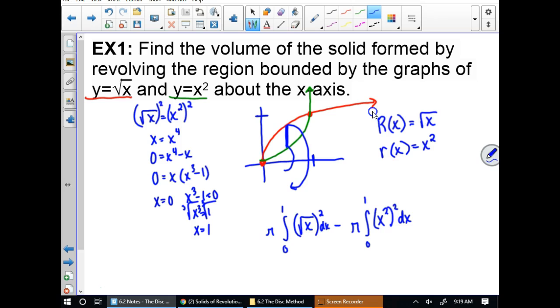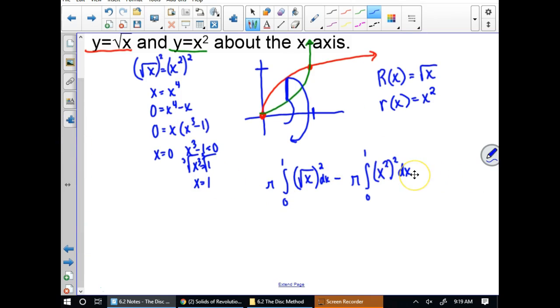Now, I could combine some of this, but only if I'm squaring my functions separately. These both have pi's, and they're both integrated from 0 to 1. So if I want, I can write it this way, pi integral from 0 to 1 of, and then square root of x squared is just x, and then x squared is x to the fourth, and put the dx here.